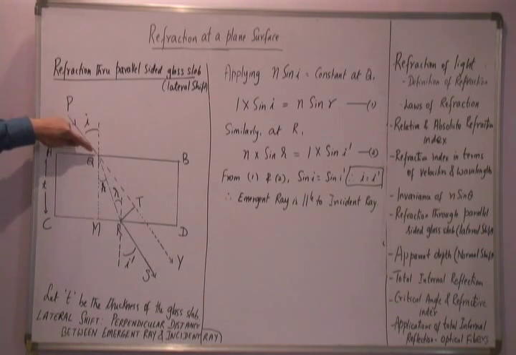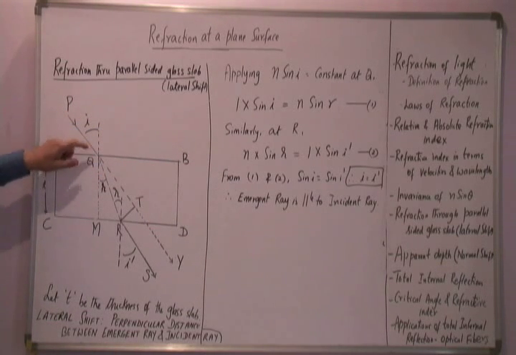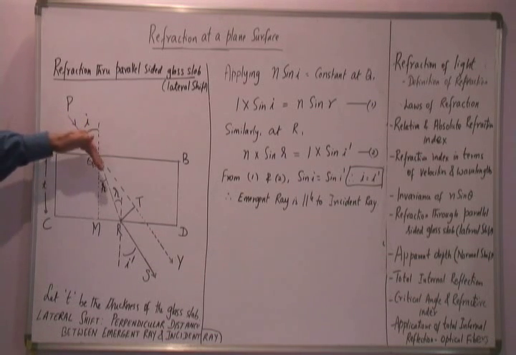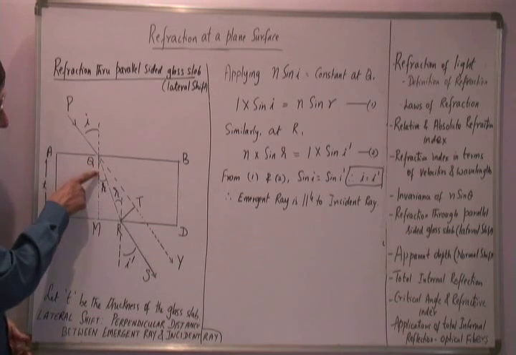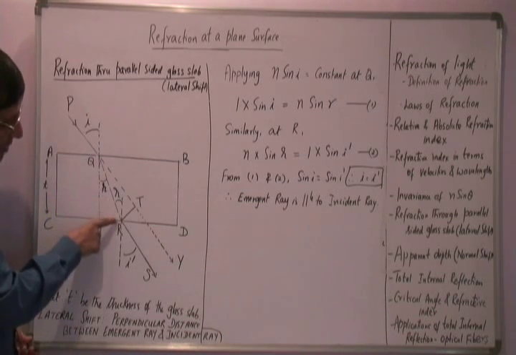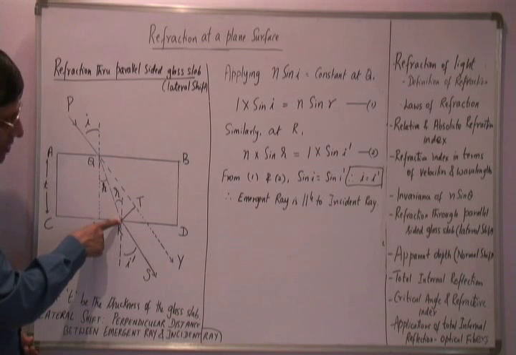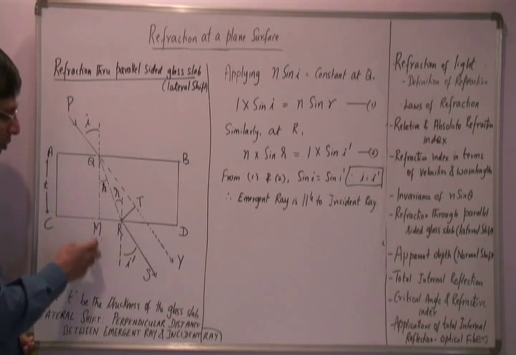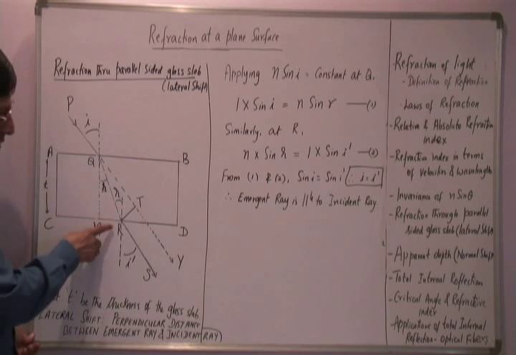Now PQ is an incident radiation, and as we discussed earlier, because of refraction of light, the ray of light inside this medium gets deviated from the straight path. So it bends towards the normal and then it travels this distance, and when it comes to the incident point here at R, the light gets refracted again, because light is moving from a denser medium to a rarer medium here, from medium 2 to medium 1.